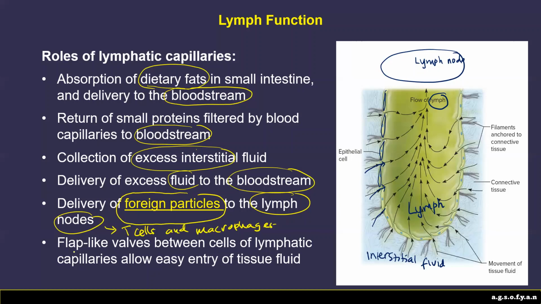And the valve-like pores between cells of the lymphatic capillary allow easy entry of the tissue fluid. So this is the valve over here between the cells. There is a special valve that makes the fluid enter into the lymphatic capillary easily.